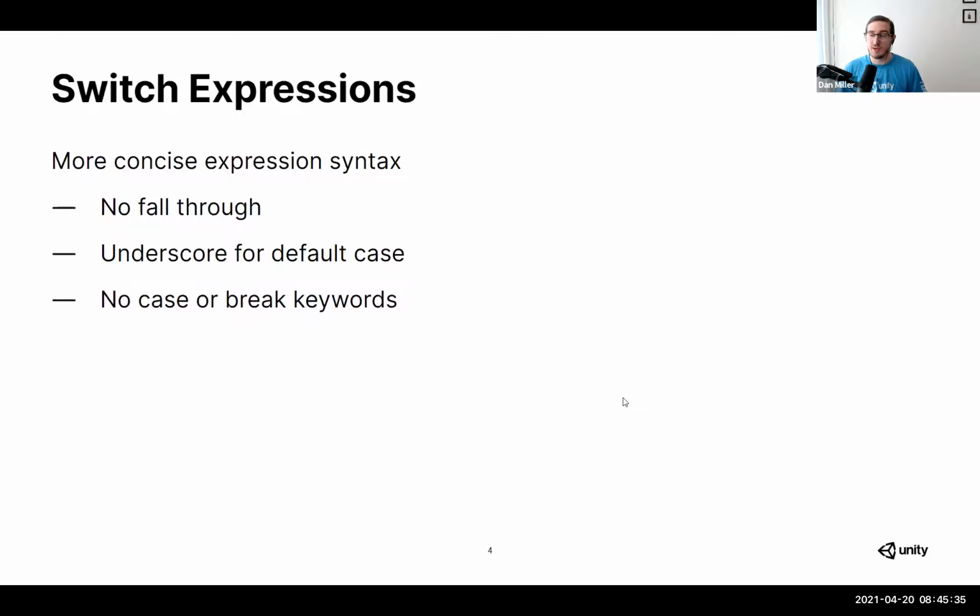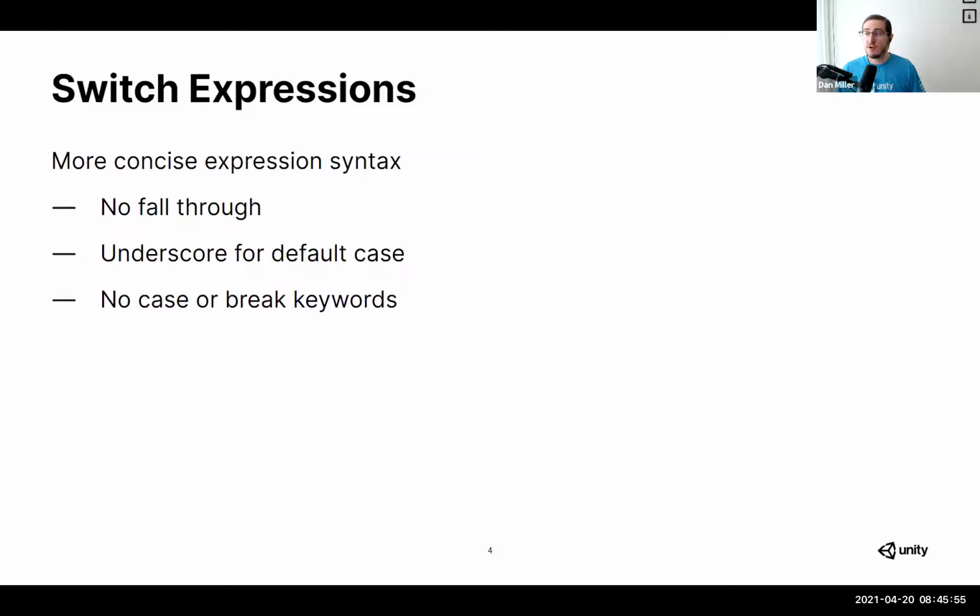The first one is switch expressions. If you're familiar with switch statements, the classic one where you have the cases and then you break, and you can fall through things like that, switch expressions are a little bit more concise. There are fewer keywords.